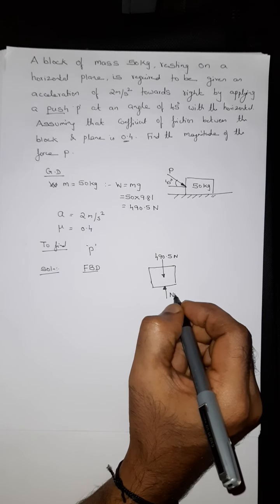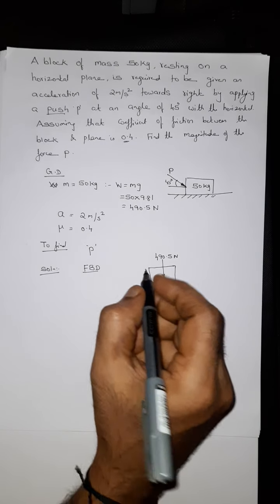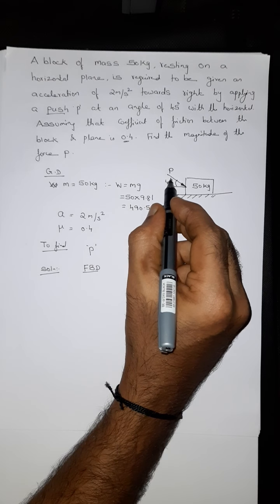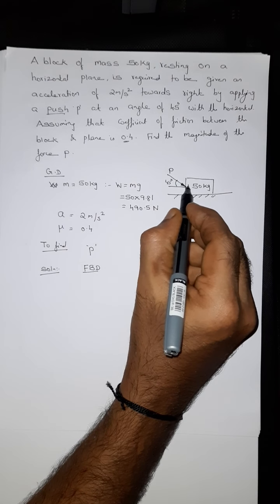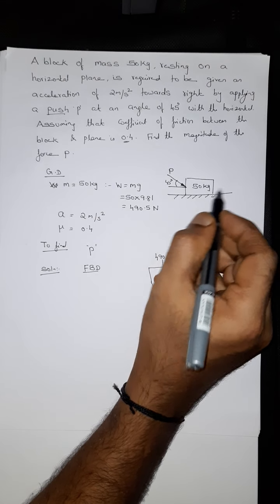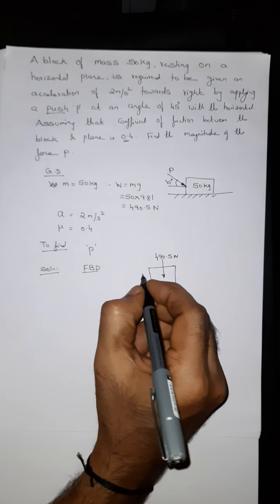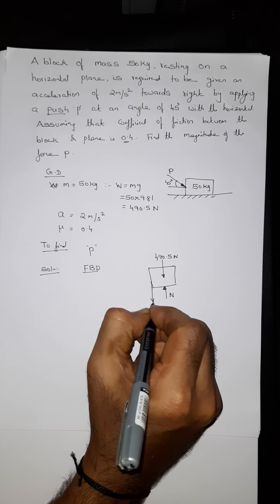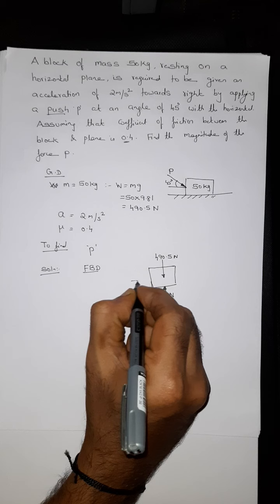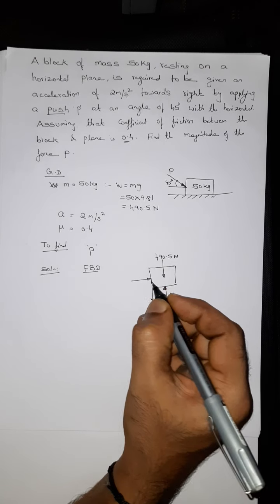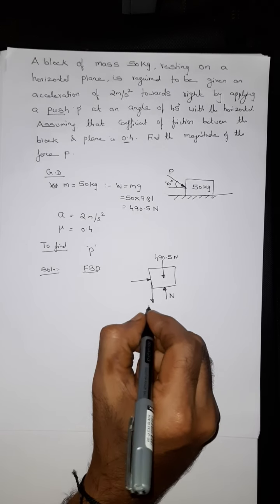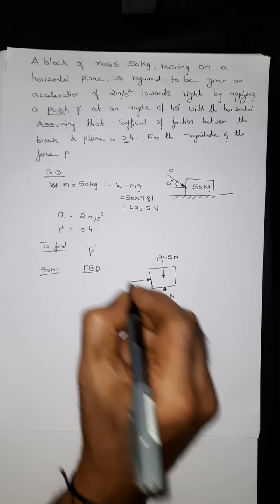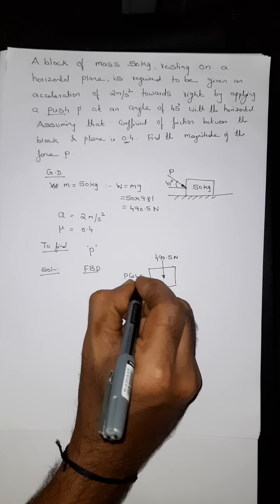This can be represented as N, and an external force is being applied to push the block in right hand direction. So this can be mentioned as one vertical and one horizontal component. This can be considered as P sin 45, and this is P cos 45.